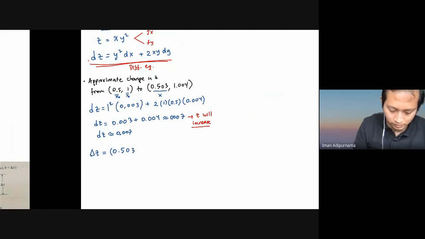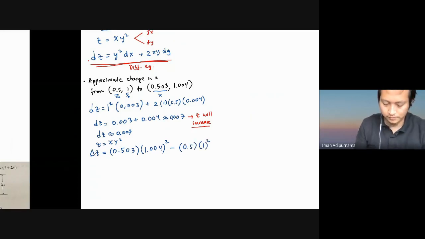Let me write the original equation, xy squared, right? So x is this, and then y is 1.004 squared, right? And then minus the original 0.5 and 1 squared.